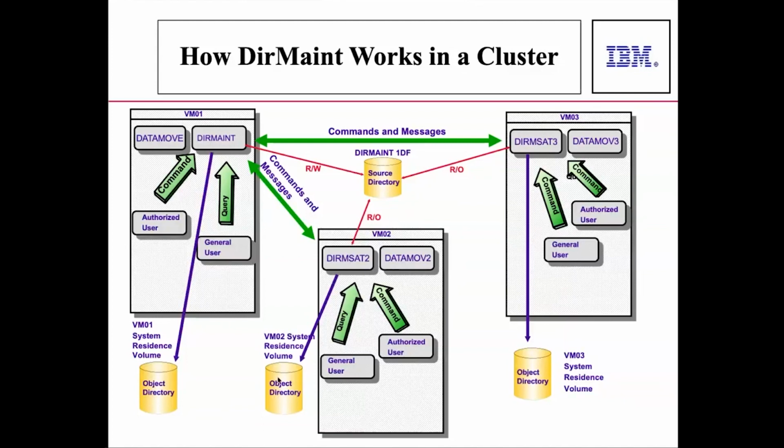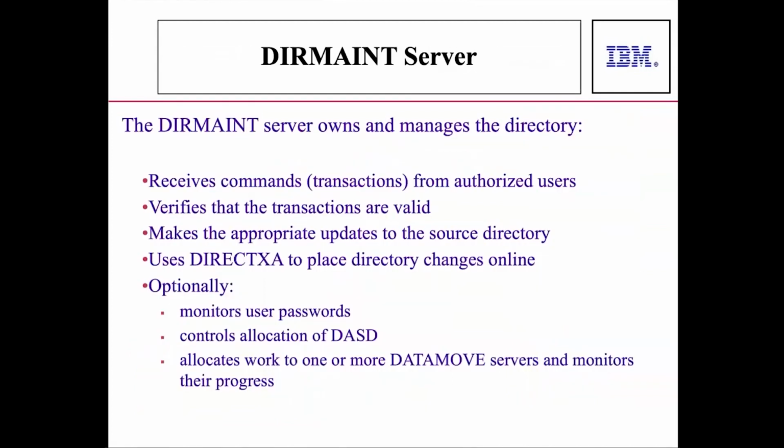And of course the arrow points both ways, because then he tells the satellite server, you need to update your object directory because I updated the source directory, and that's what the satellite guys do. So that's a pretty quick overview of how it works in a cluster, but we'll see a little more of the internals and talk about exactly what all of these servers do as we go through here. So we've seen some of this.